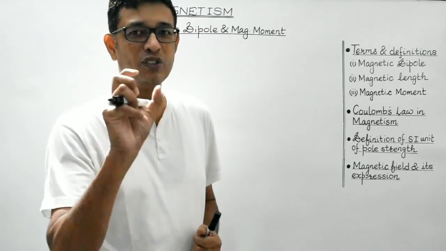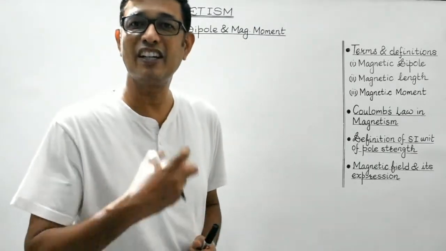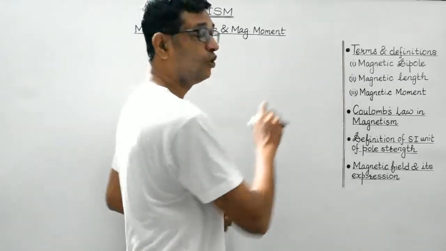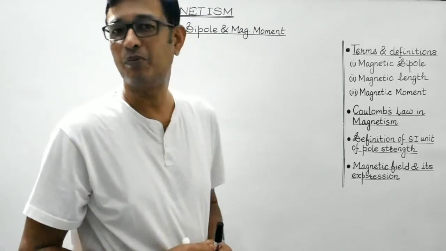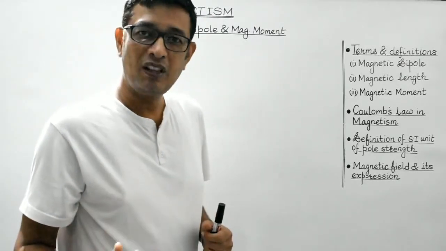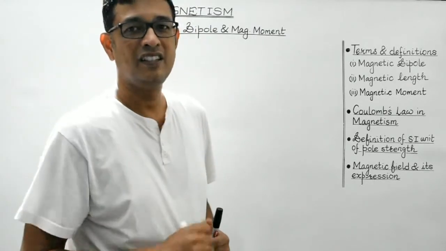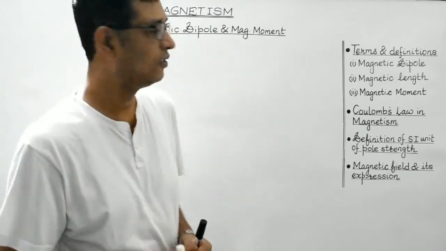So all those behave as atomic magnetic dipoles, right? So a magnetic dipole is nothing but a fundamental arrangement comprising two equal and opposite poles separated by a finite distance. So a bar magnet is a magnetic dipole, right?